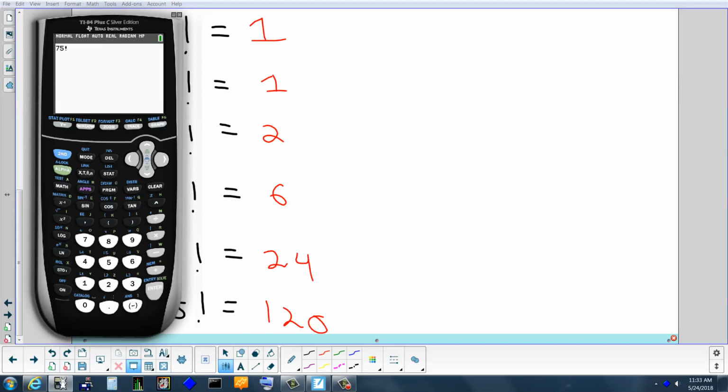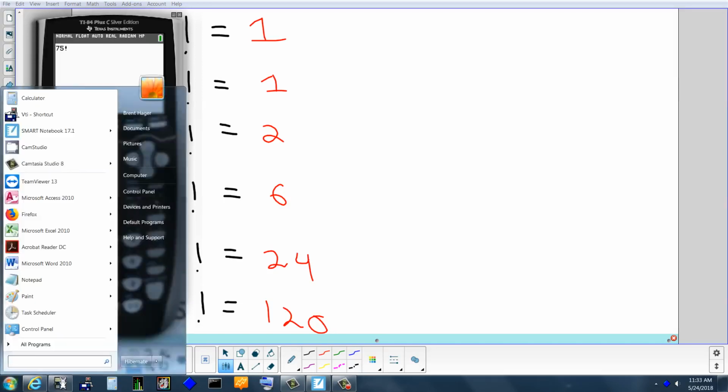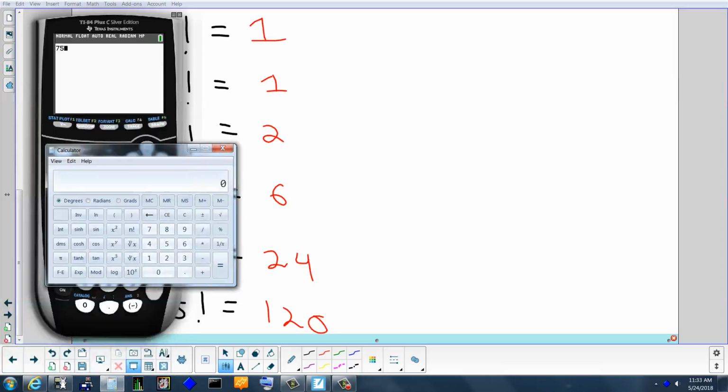So there is kind of a limit to what you can do. But some calculators can do more. I think this one can do it. If I type 75 factorial, it tells me it's 2.48 times 10 to the 190th power. So some can do it. If you type in a number that's big enough, it really starts to slow the calculator down. It's actually just telling me what I typed in.